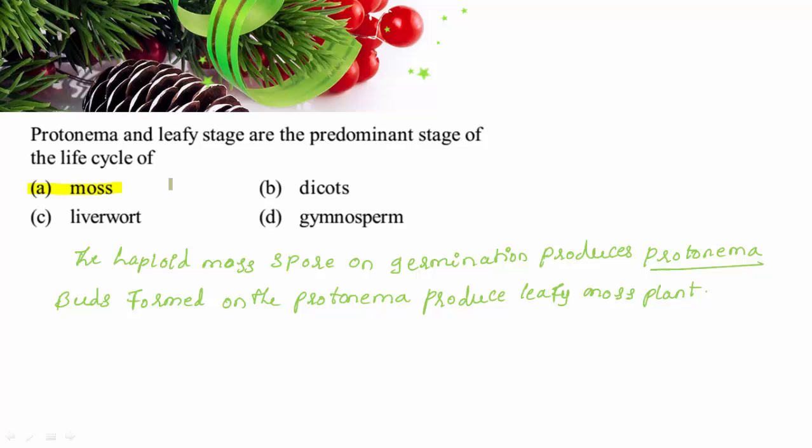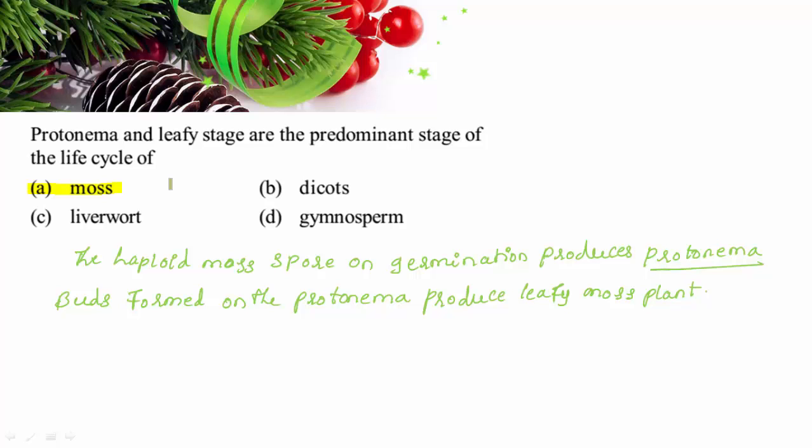What is moss? These are plants belonging to bryophytes. The bryophytes are non-vascular plants. They are the amphibians of the plant kingdom, started growing on the land but still dependent on water for fertilization, and the bryophytes include liverworts, hornworts and mosses.